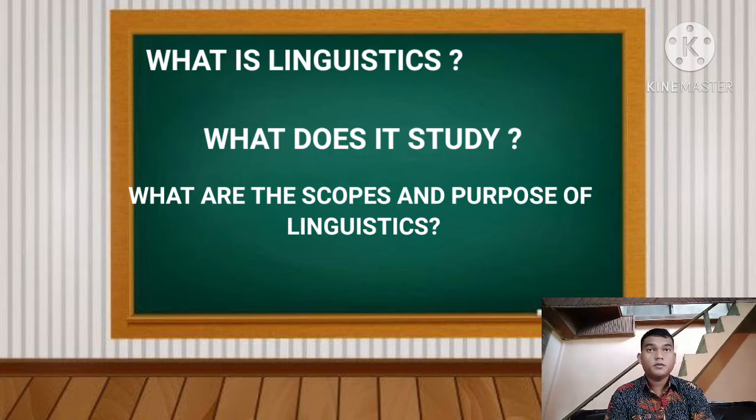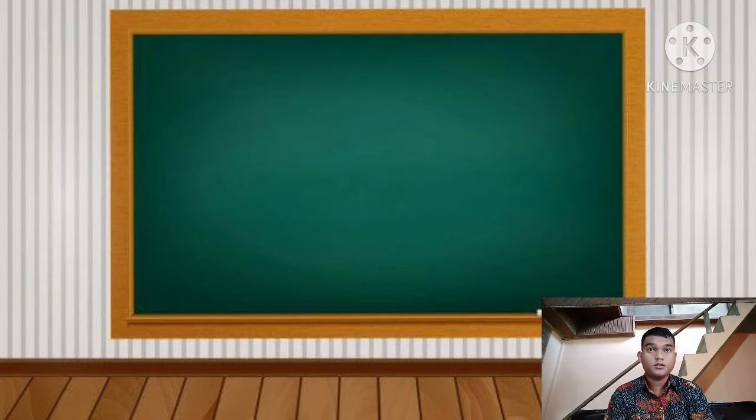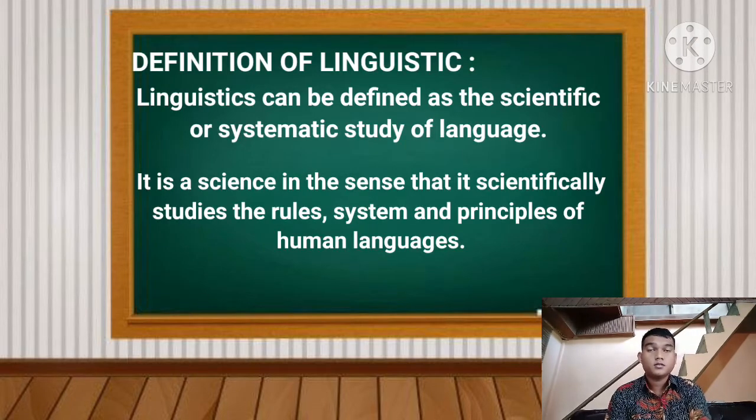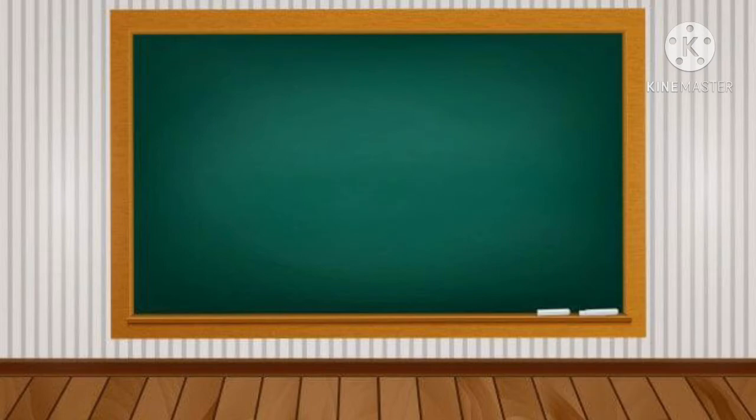What are the scope and purpose of linguistics? Definition of linguistics: linguistics can be defined as the scientific or systematic study of language. It is a science in the sense that it scientifically studies the rules, systems, and principles of human language.